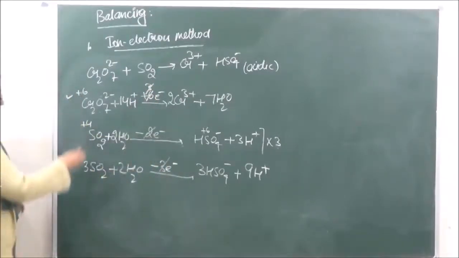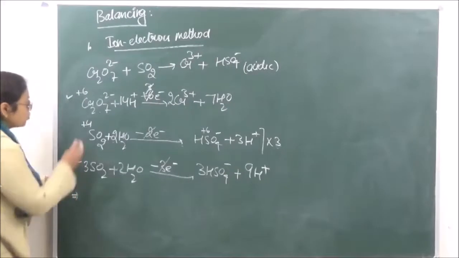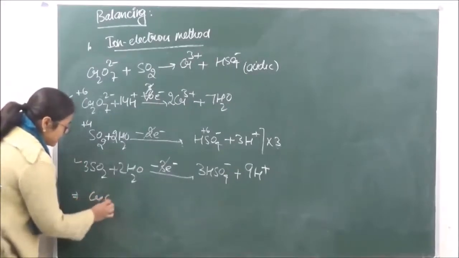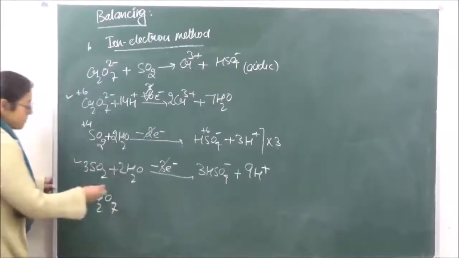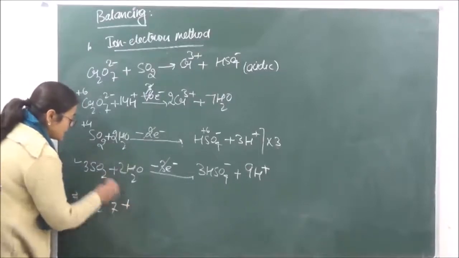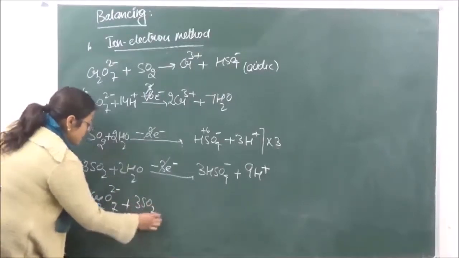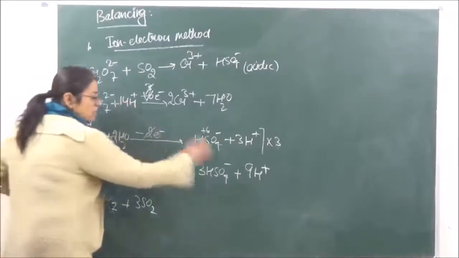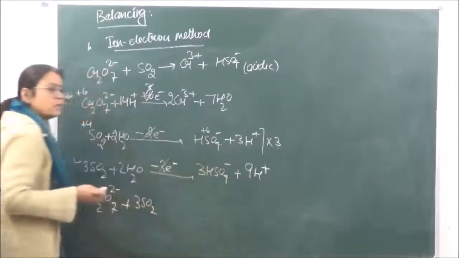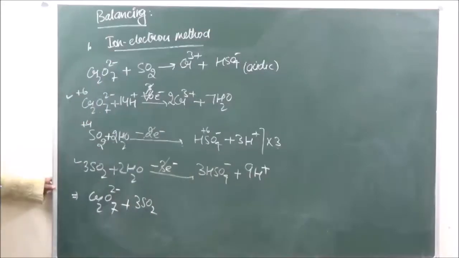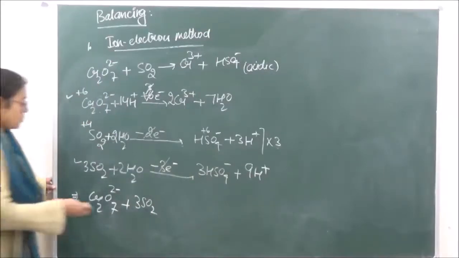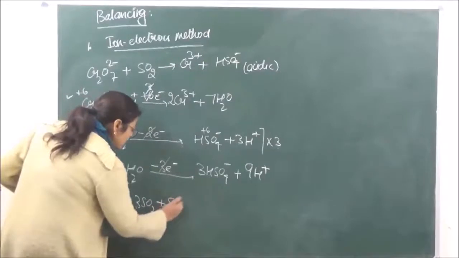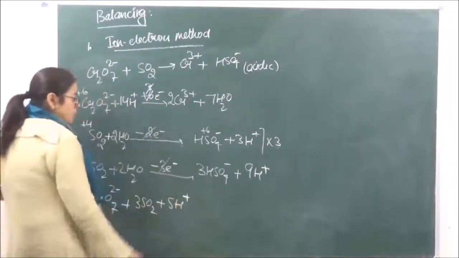So we have over here the overall reaction, which is going to be Cr2O7 2 negative plus 3SO2. अब यहाँ पे हमारे पास 14H पॉजिटिव है और यहाँ पे हमारे पास 9H पॉजिटिव है. So 14 minus 9 कितने हो जाएंगे? 5. So we are going to have over here 5H positive.